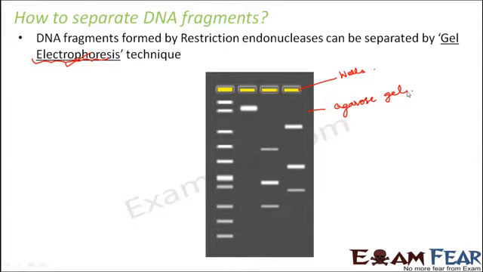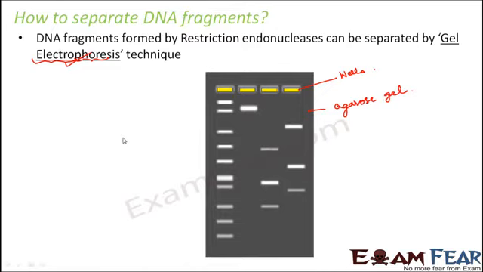The electric field is applied, and when an electric field is applied, the DNA fragments tend to separate from each other. So these are the DNA fragments. Once the DNA fragments separate from each other, they are made visible, and then from those fragments the required DNA fragments are selected.